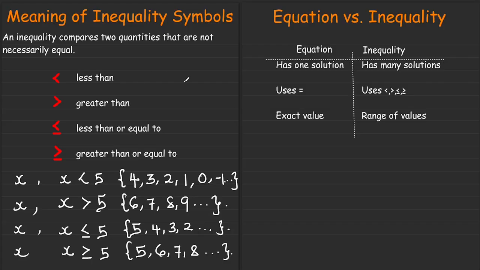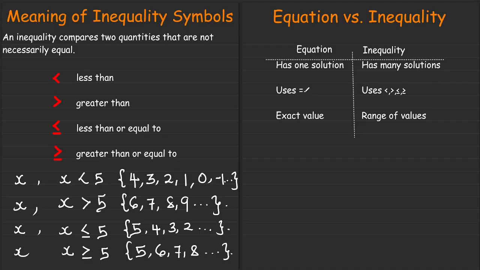So with that being the case, let's look at the clear-cut difference between an equation and an inequality. When you take an equation, we always have just one solution to it. There is always one number that serves as a solution to an equation. On the other hand, an inequality has so many solutions.